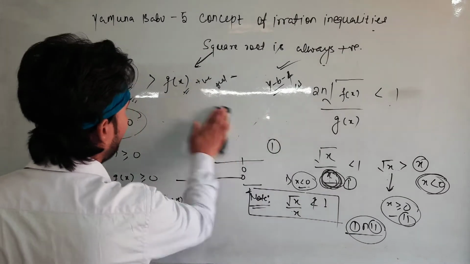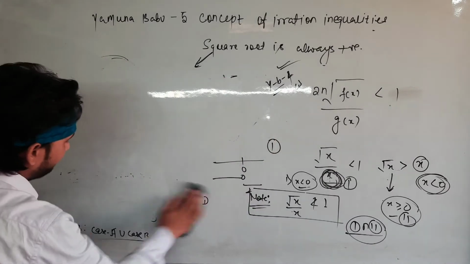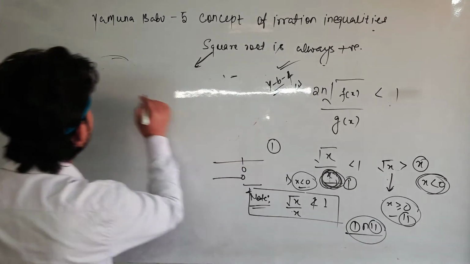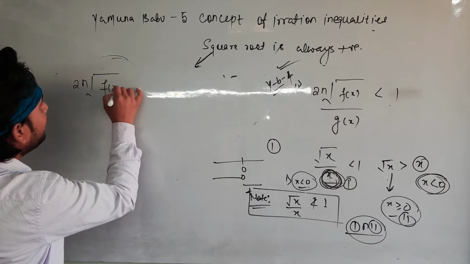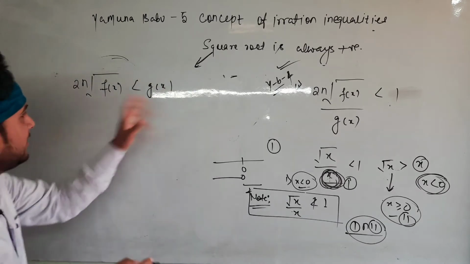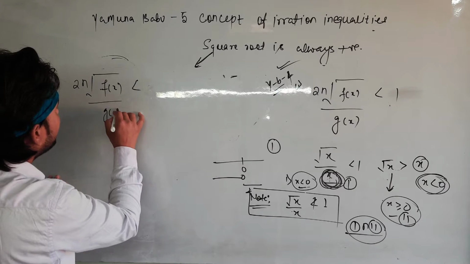I am exploring this concept. Similarly, you can say 1 by the 2nth power of f(x) is less than g(x), that is, 1 by the 2nth power of f(x) divided by g(x) less than 1.